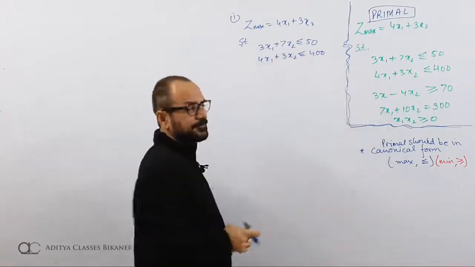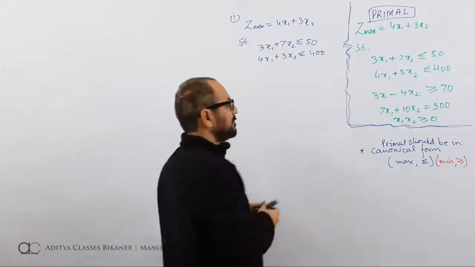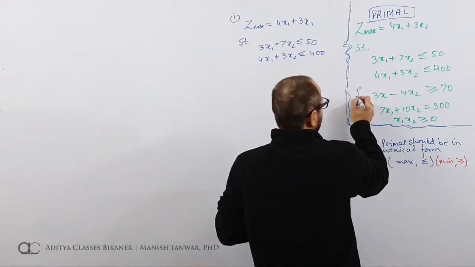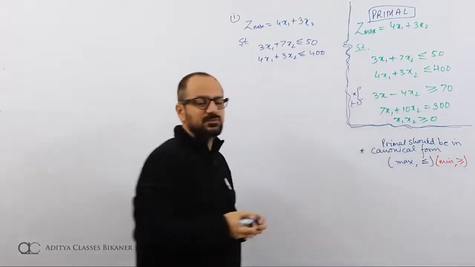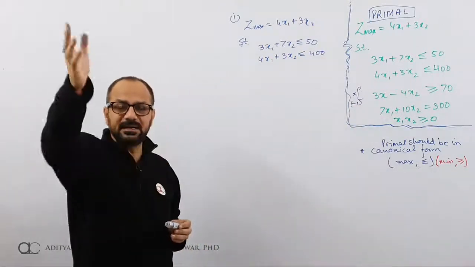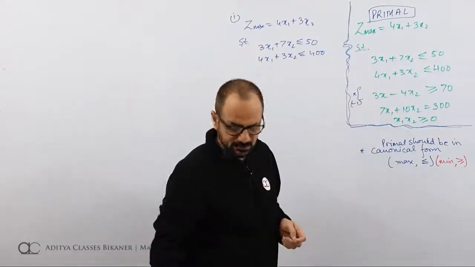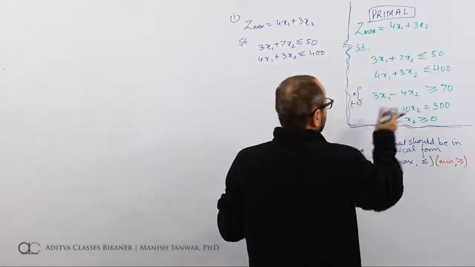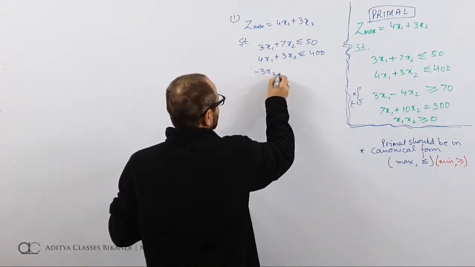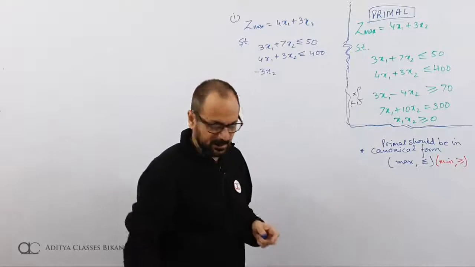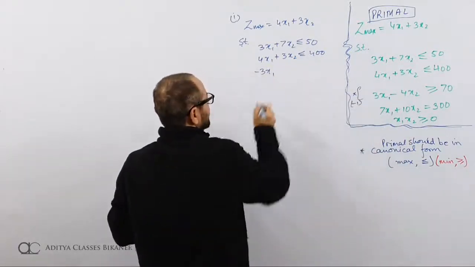This one is greater than. What can I do with this? I can convert it into less than by multiplying the complete equation by -1. If I multiply this complete equation by -1, this 3x1 becomes minus 3x1.